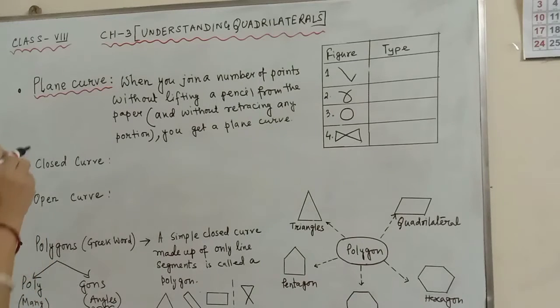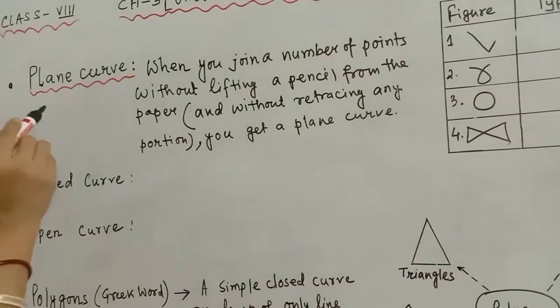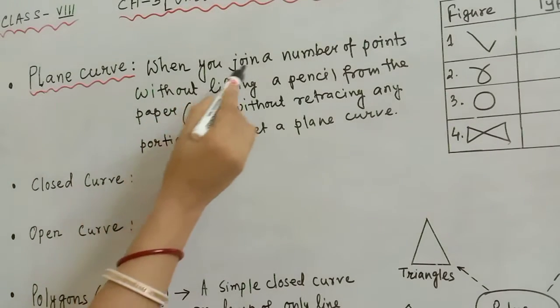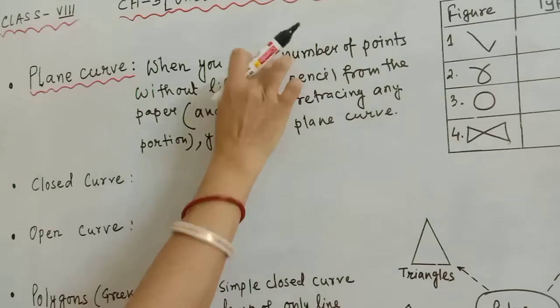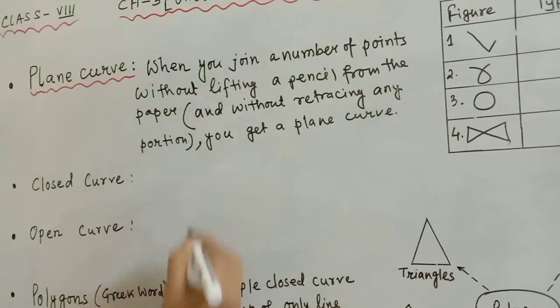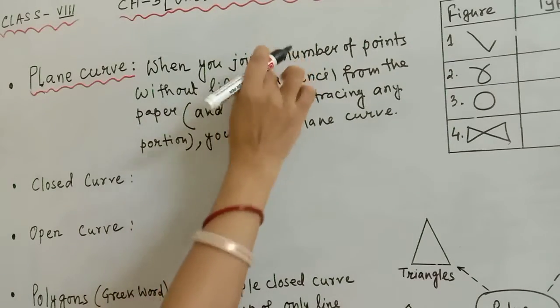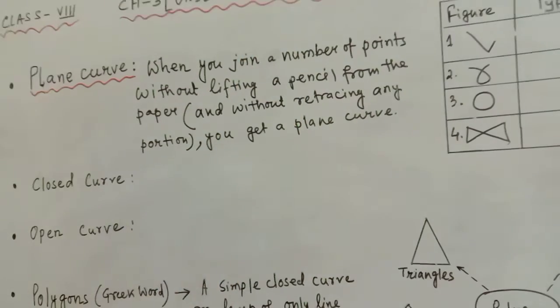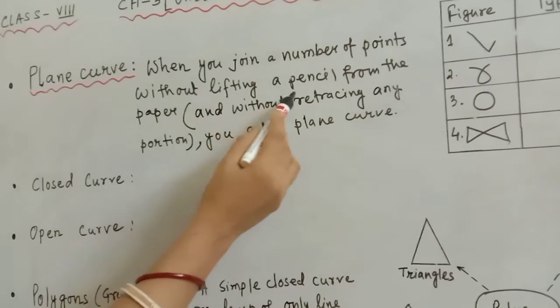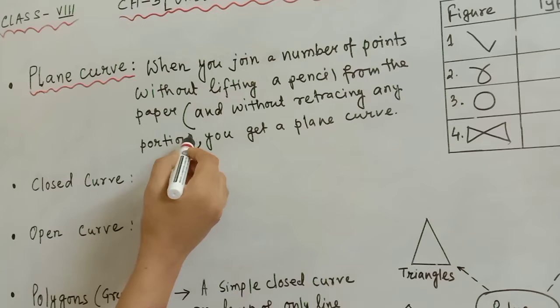Okay. Now plane curve. What is a plane curve? When you join a number of points without lifting the pencil from the paper.